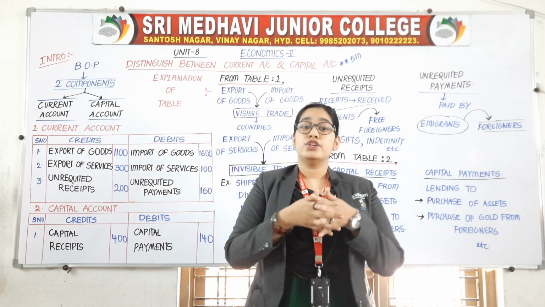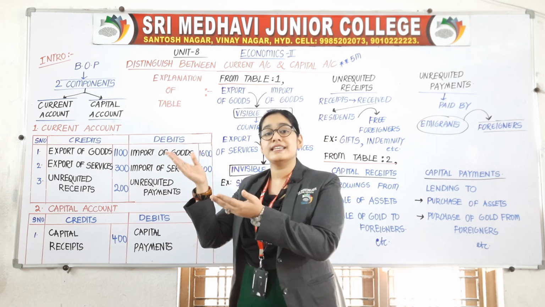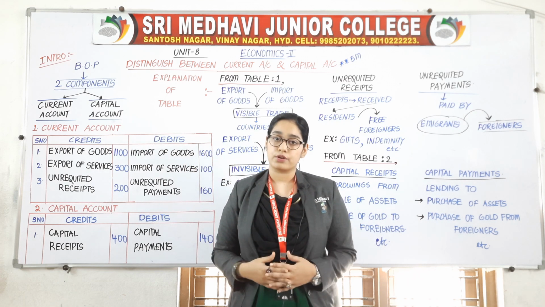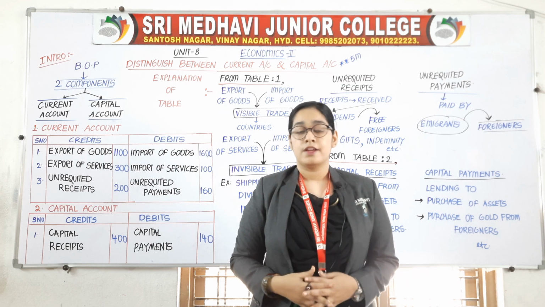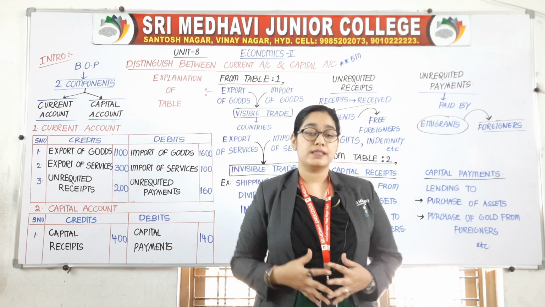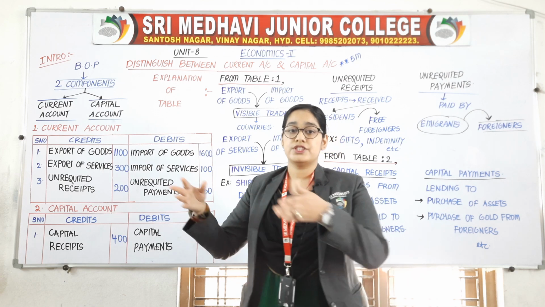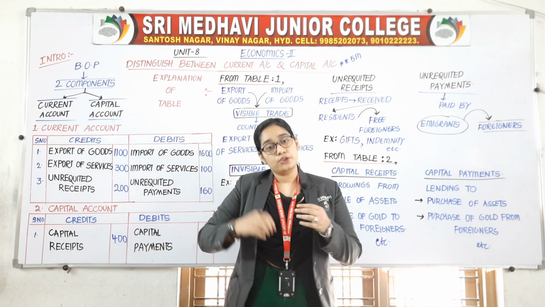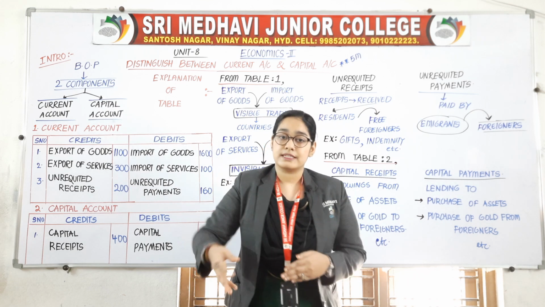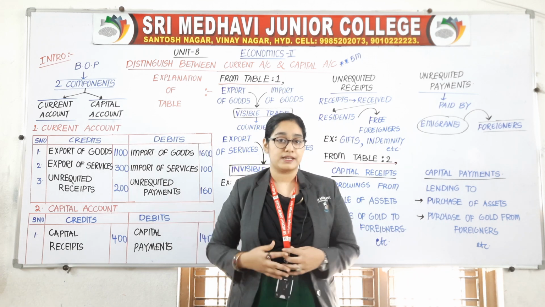Import means you are purchasing from other countries, right? Whenever you purchase a book, you will pay money. Whenever you purchase a pen, you are going to pay the money. Whenever you purchase a dress, you pay the money. You are making payment. That is your expense.